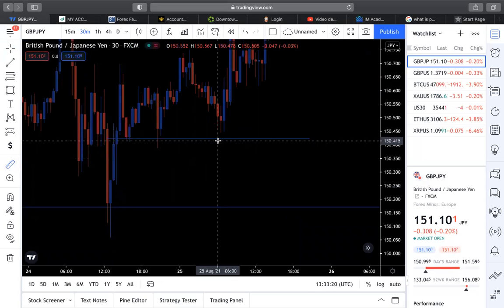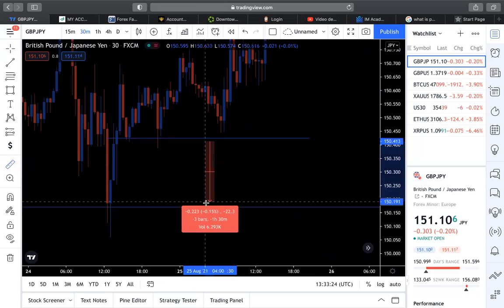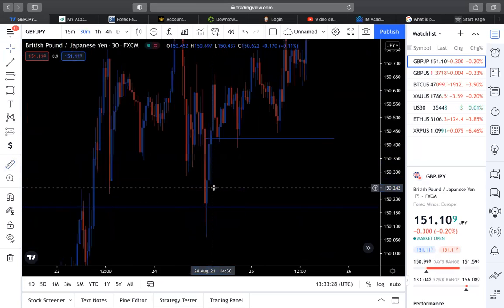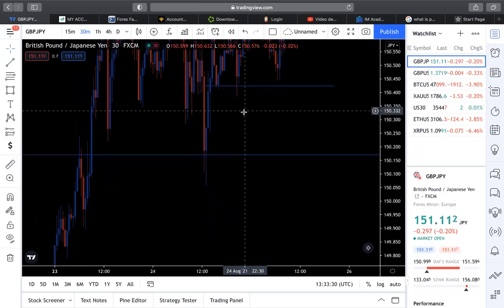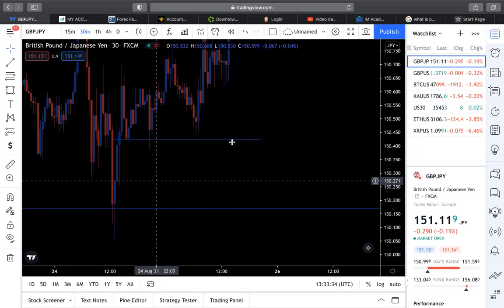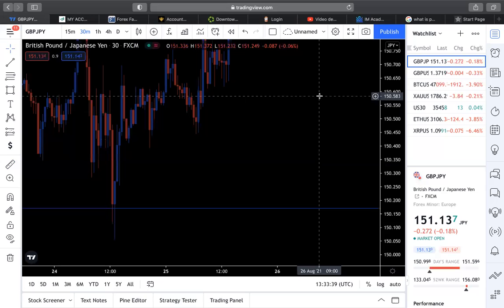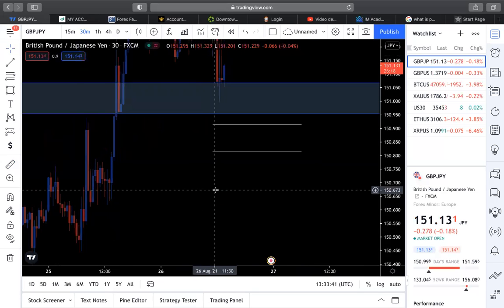I would probably want to get in around this level, and then this is a possibility of 23 pips. You see that? So that's a good trade setup below this. And then I do see one below this as well. So that's basically what I look for, guys: high probability trades.